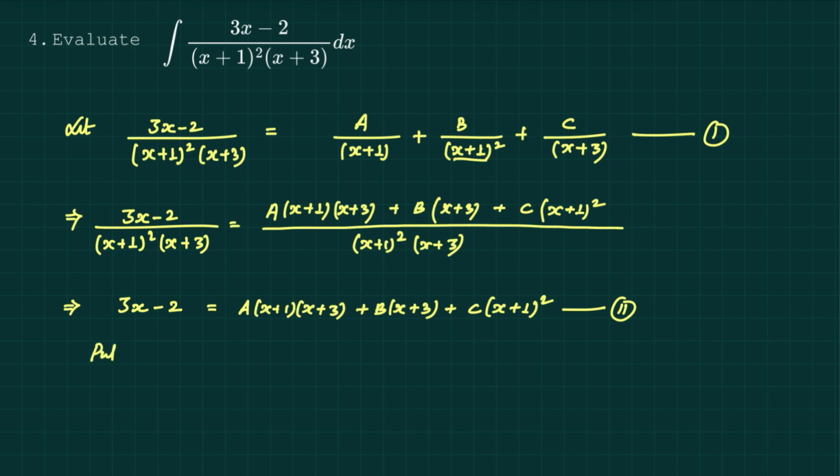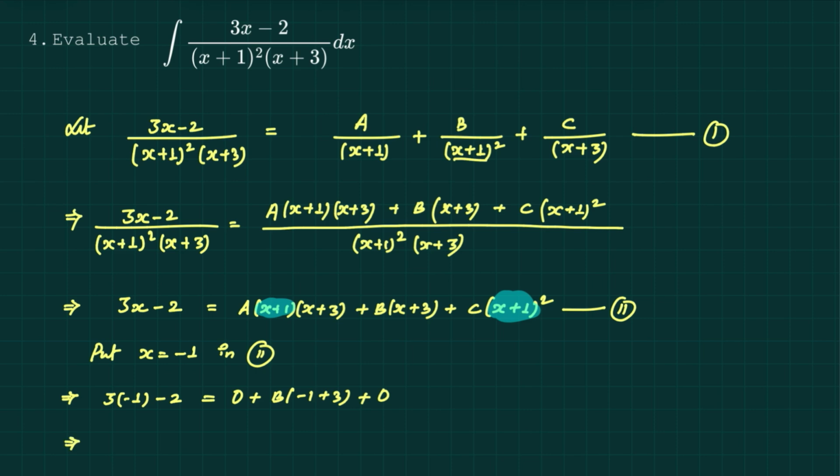Now let us put x equals minus 1 in this equation 2. Then we will have 3 into minus 1 minus 2 equals, this first term will be 0 because minus 1 plus 1 gives 0, plus b into (minus 1 plus 3), plus the third term will also be 0 because on putting the value x equals minus 1, this term will also be 0.